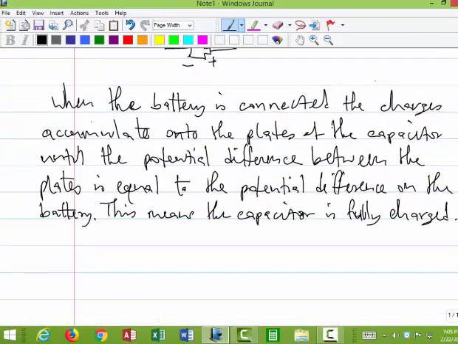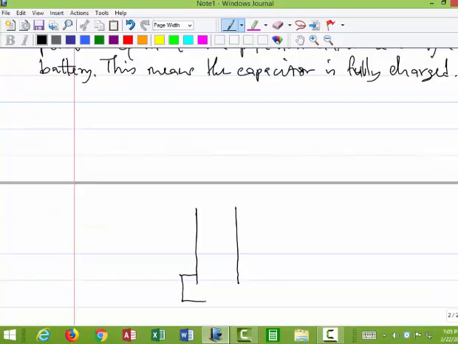So the capacitor is fully charged when the potential difference across the plates is equal to the potential difference of the battery. I'll redraw this. We have our battery this way, connected here.